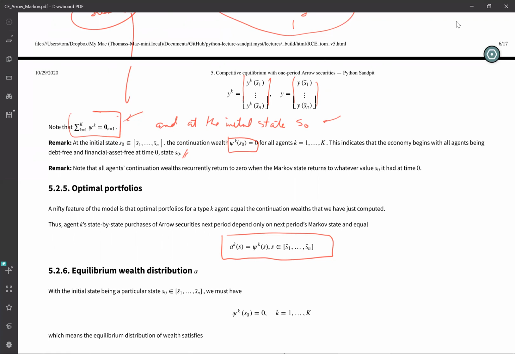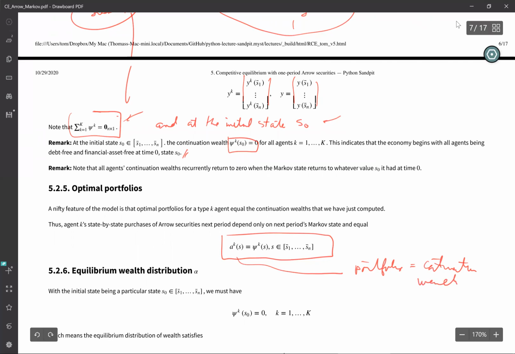So the asset portfolio that the person chooses in next period in state S is just equal to the continuation wealth. So the portfolio choice equals continuation wealth.